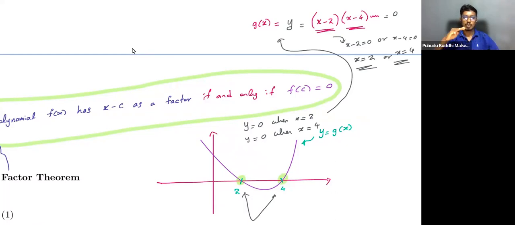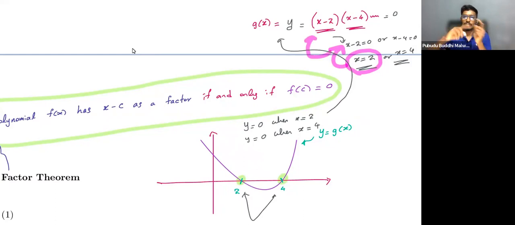So x equals 2 is an x-intercept. Here, this one, x equals 2 is an x-intercept, right? Therefore, x minus 2 is a factor. x minus 2 should be inside that function. Because otherwise, how would you get 2 as your x-intercept, right? That factor should be there. So that's the idea.